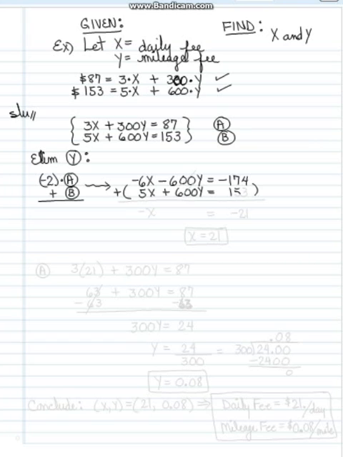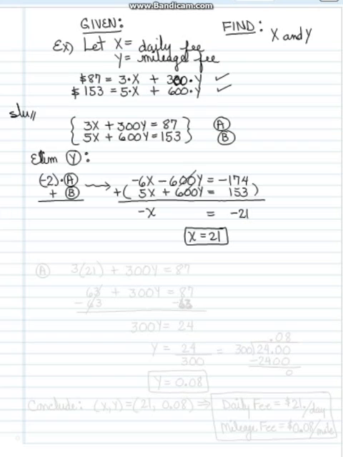So the result is -x, these cancel, bring down the equal sign, and we're adding -174 plus 153, and that gives us -21. Divide both sides by -1, and that gives us x equals 21.